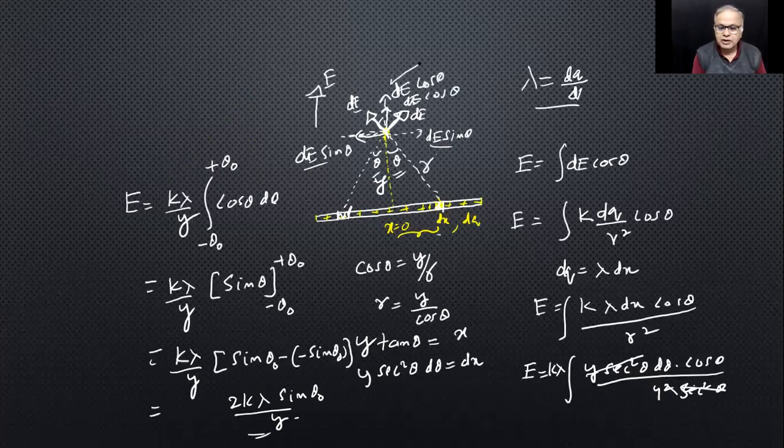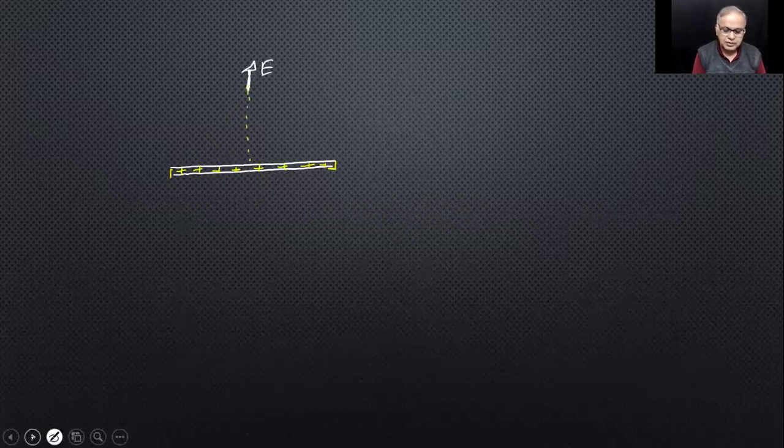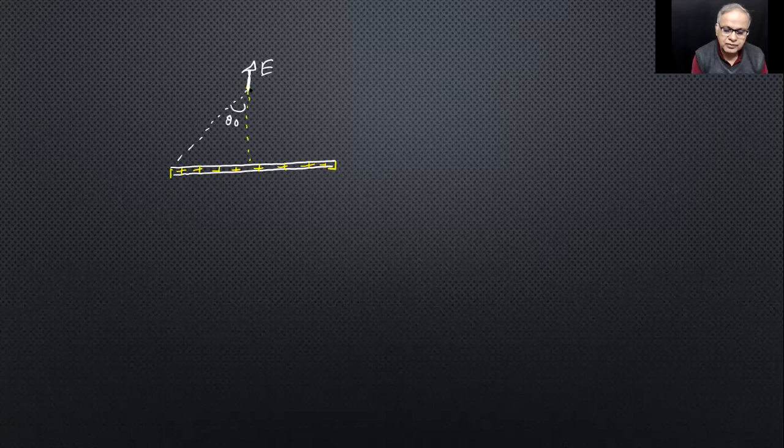Straight like this, isn't it? You have seen those components are adding up in that direction, right? These were cancelling. So E will be away like that. Hope you agree.